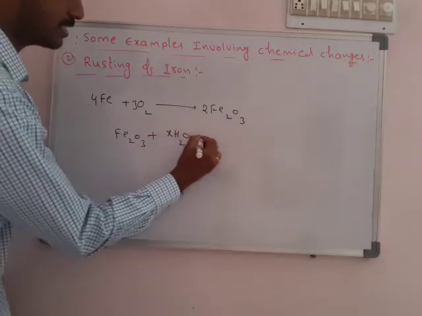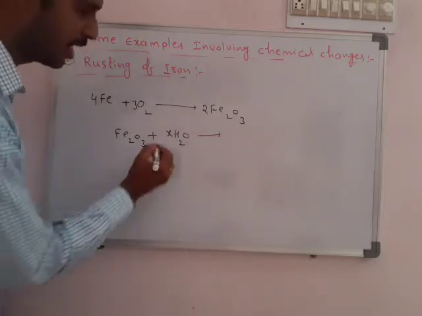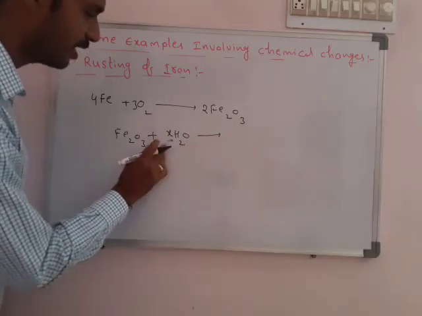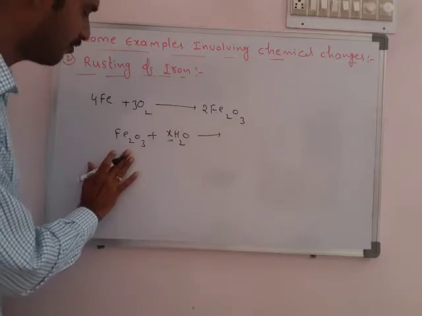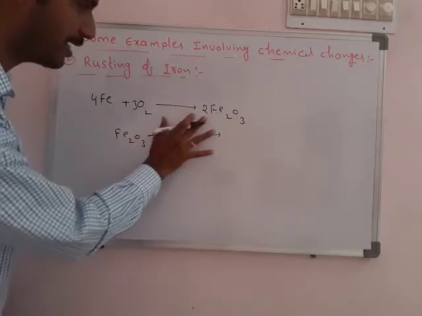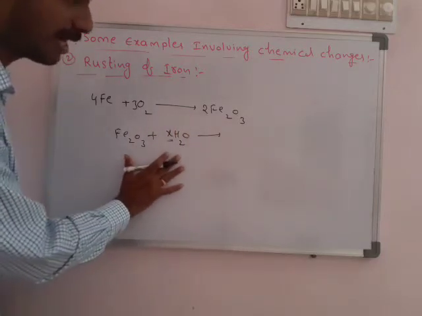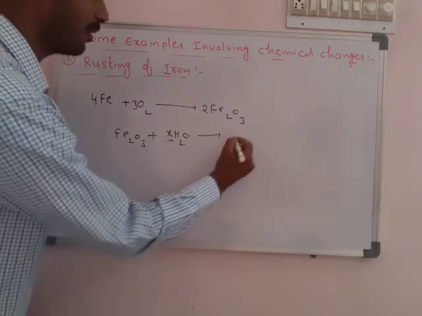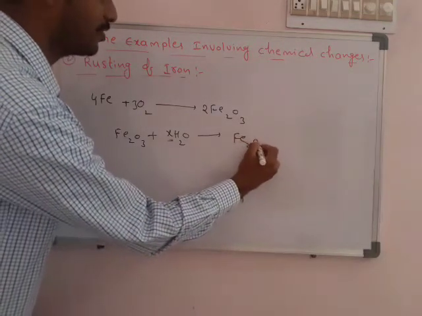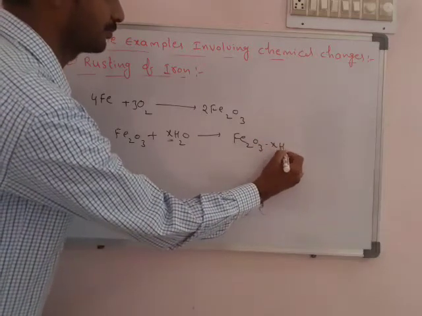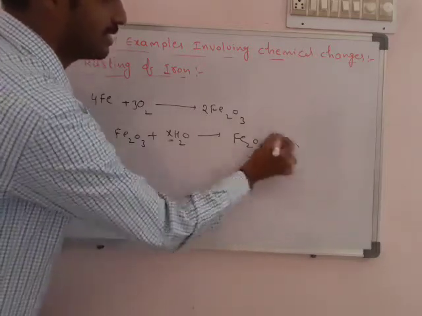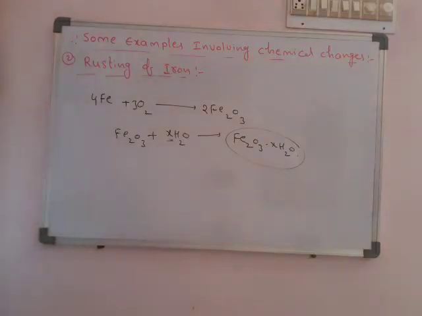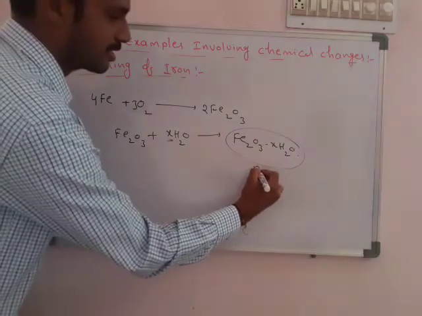There is no fixed number of water molecules, that's why I have given x. The ferric oxide formed by iron combines with the available water, forming hydrated Fe2O3. This is called rust. The formula of rust is this one.